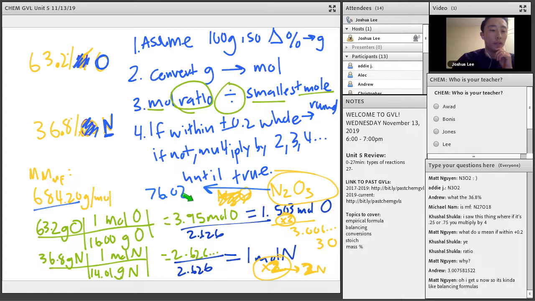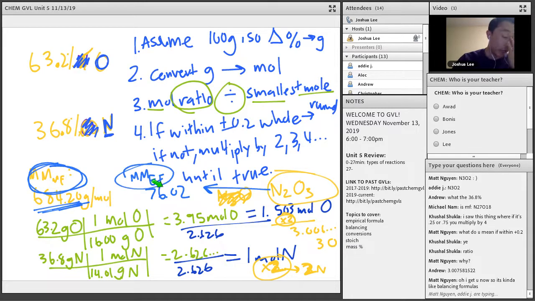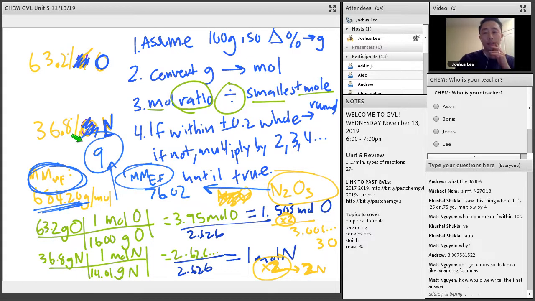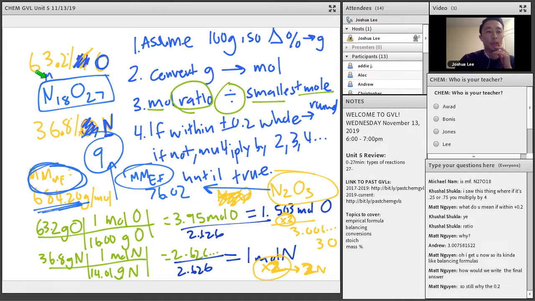Then if you compare the molar mass of the molecular formula and the molar mass of the empirical formula, you divide these two numbers and you get, hey, my molecular formula is 9 times bigger. So then it would have to be N18O27. So that would be my molecular formula.